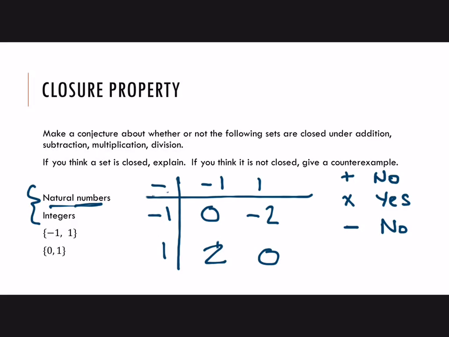We have some answers that are not in the set. And finally, division. Okay, -1 divided by -1 is 1. This is -1, -1, and 1. This one is closed. Okay.